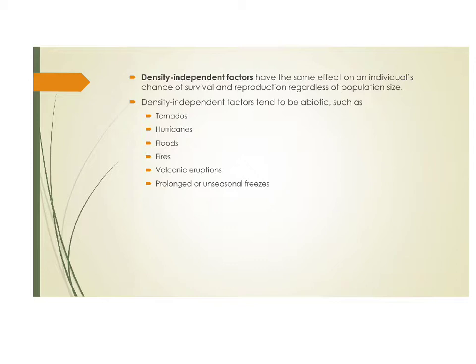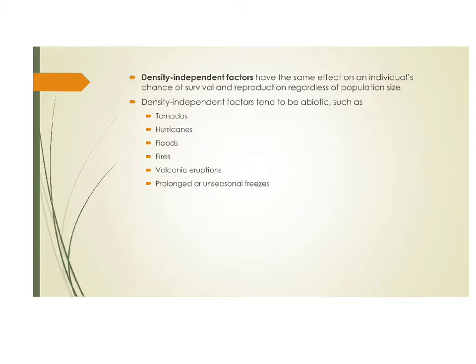These are things that will come and wipe out populations or affect the population's chance of survival and reproduction, and it doesn't matter what size the population is. It could be a small population, it could be a large population. These things come through and they wipe out populations or affect populations of large and small size equally, without regard to the population size.